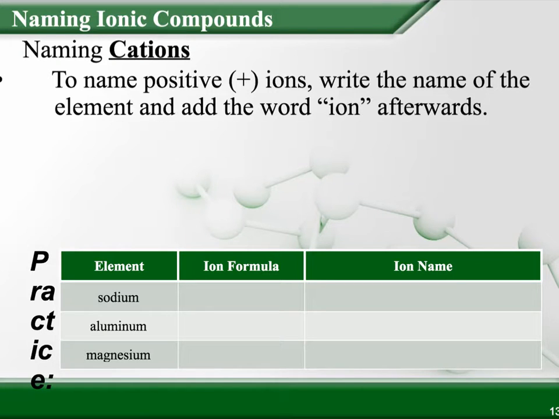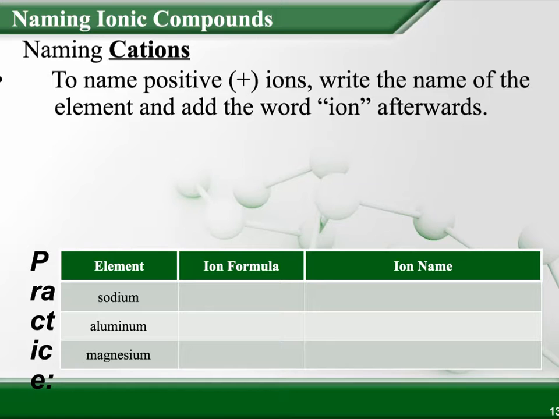All right. In every ionic compound, we're going to have a cation and an anion. The cation is typically the metal, and it will always be written first. The anion will follow. So when we name cations, we're going to write the name of the metal, or the element, I should say, and then add the word ion afterwards.